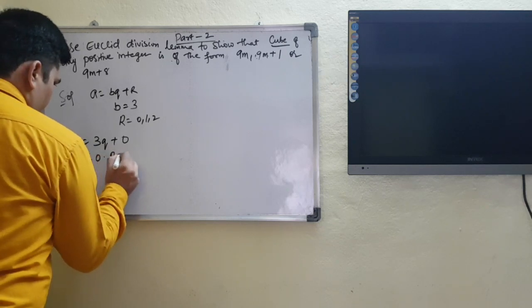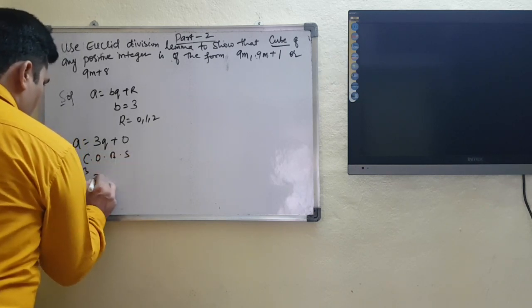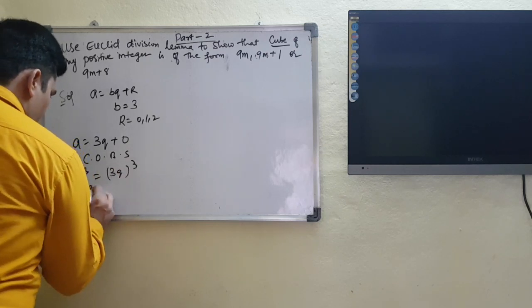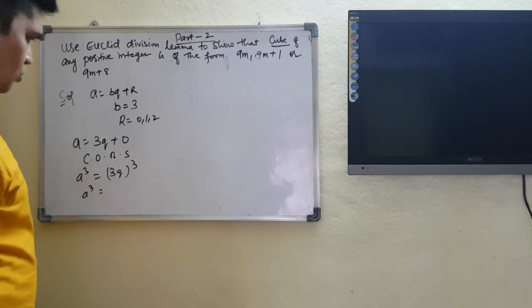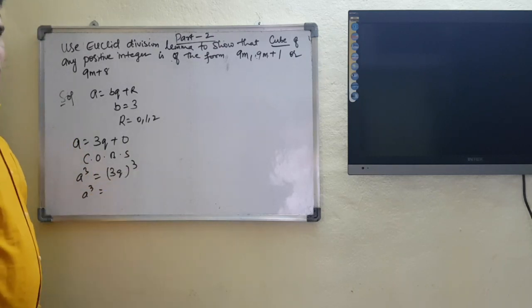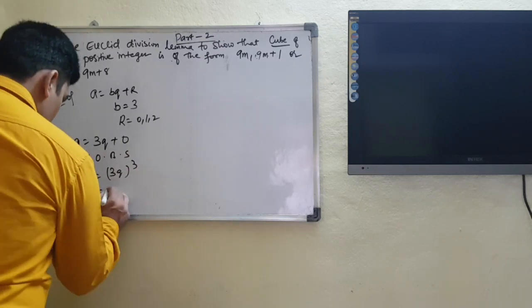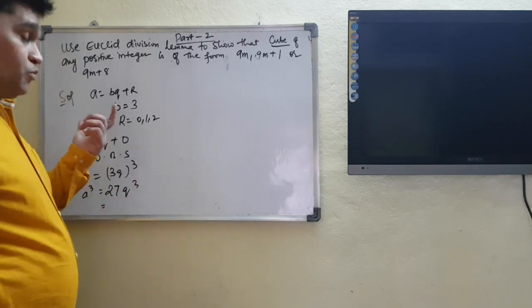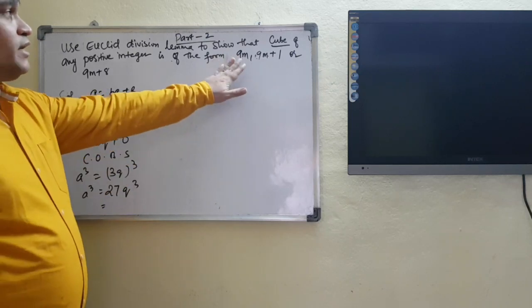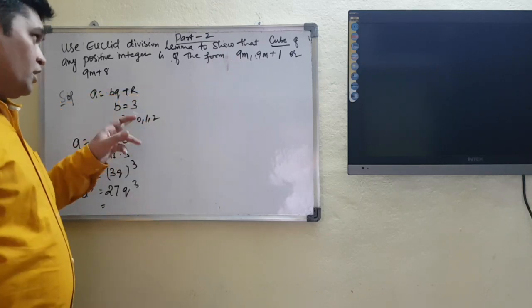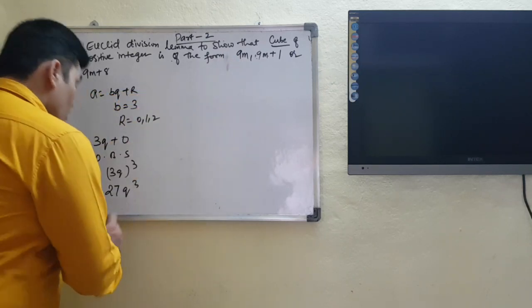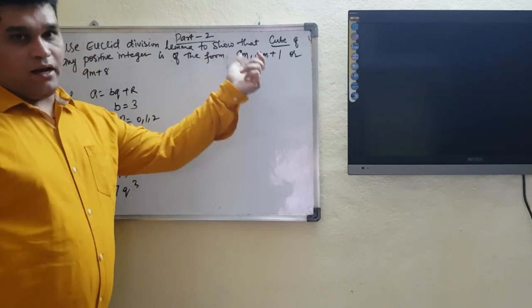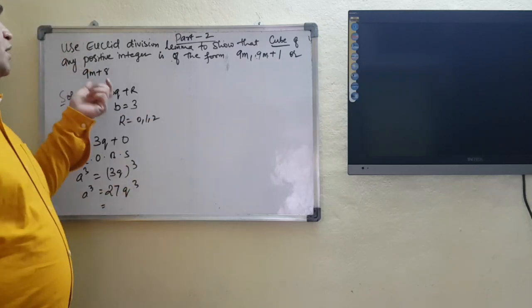Cube on both sides. It will be a cube equal to (3q) whole cube. Again, if you check it out, (3q) cube is nothing but 3 power of 3, nothing but 3 cubed is 27. So it will be 27q cube. If you take common, while taking common, make sure that you are considering 9 instead of 3. So if you take 9 as common, why? Because we need to show that all the terms are in the form of 9m plus 1 or 9m plus 8.